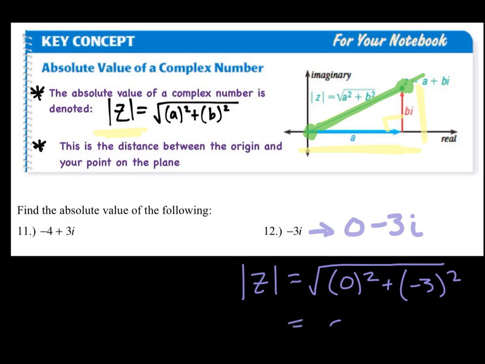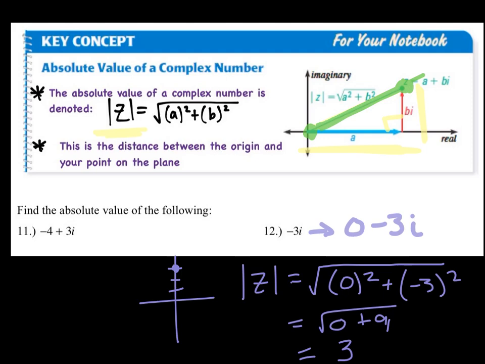So you would get 0 plus 9. 0 plus 9 is 9, so the square root of 9 is 3. And it's always positive because it's a distance. And when we graphed it, that point A was 3 units away from the origin. That one was easy because it was right on the axis.